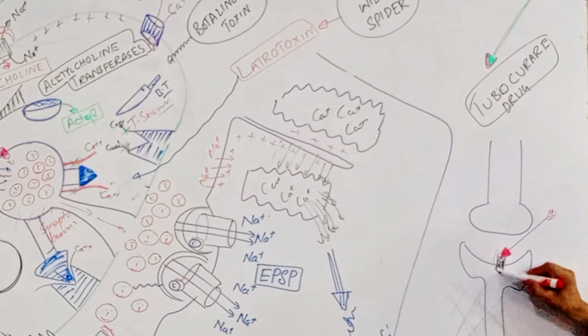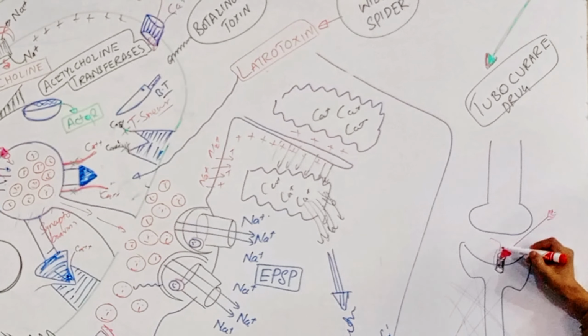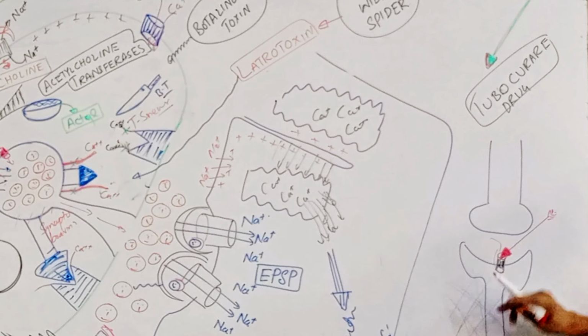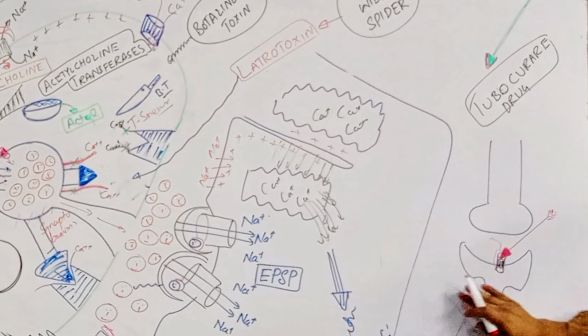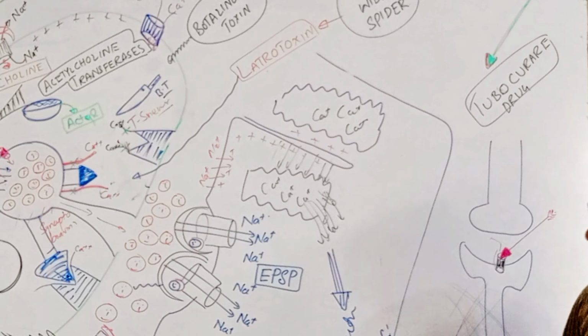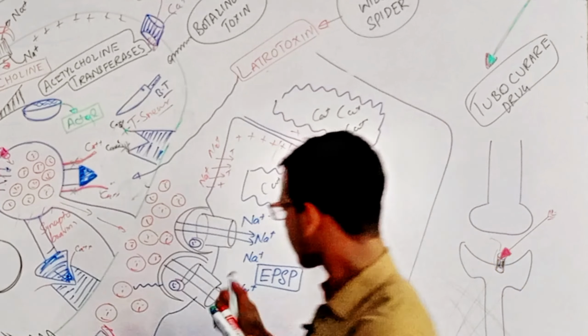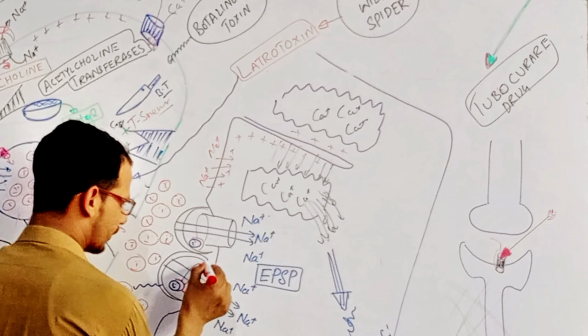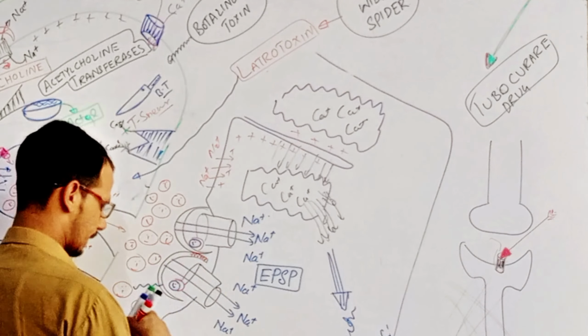And when these receptors are blocked, the acetylcholine is not able to activate these receptors, and paralysis occurs in these muscles.